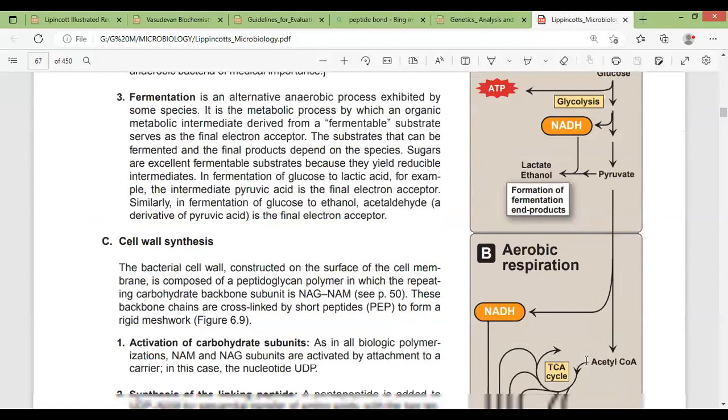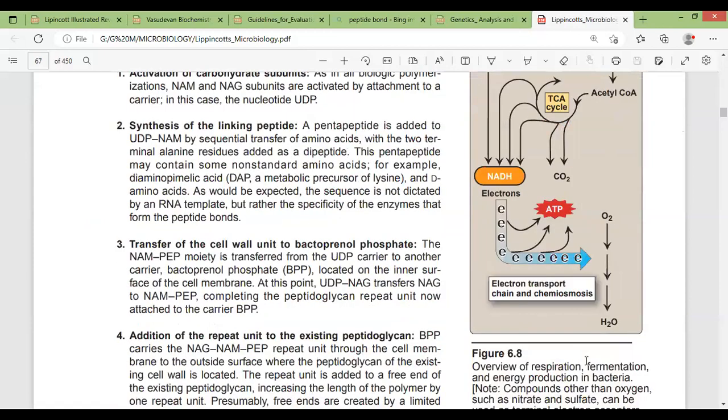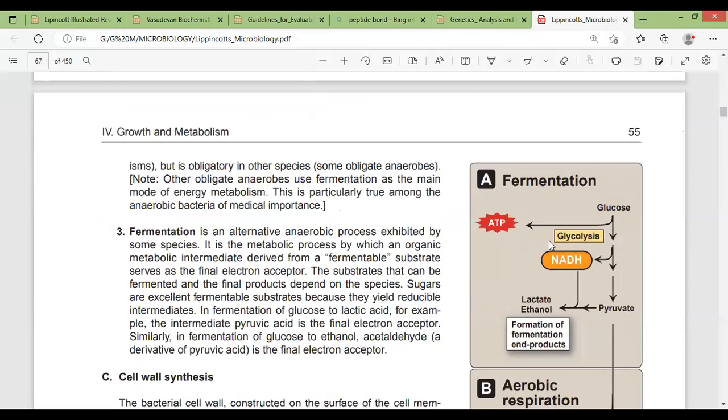So you can see bacteria just use the same mechanisms as the ones we covered. Fermentation, in this case, is an anaerobic process. Once you give it glucose, glycolysis as usual, but the end product is different.